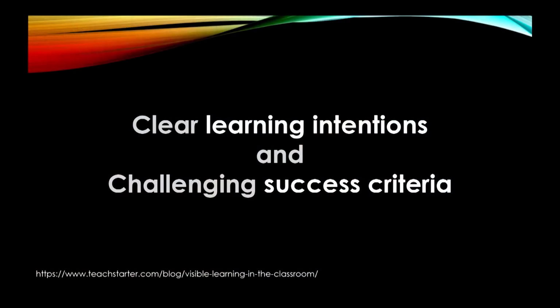So learning intentions need to be transparent and understood by the students so that they're engaged in their learning. And it's best to have learning intentions that link back to the curriculum and use language that is suitable for the age group. The learning intention should be referred to at the start of a lesson so that students understand the goal of the task.